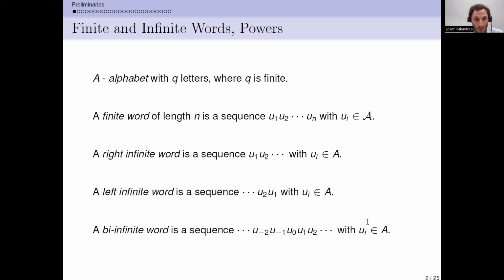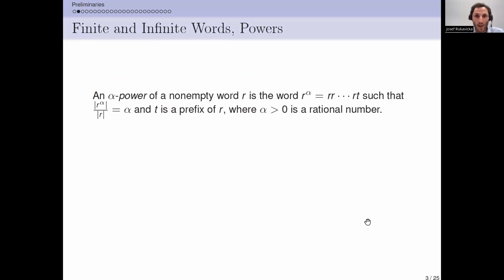And also, as I said, there is the bi-infinite word, which is a mapping from all integers into the alphabet, and it is presented as a sequence going to infinity on both sides. I guess there is nothing really new for you, but just to be sure, I presented these definitions. So now we are ready to present the essential concept of the paper.